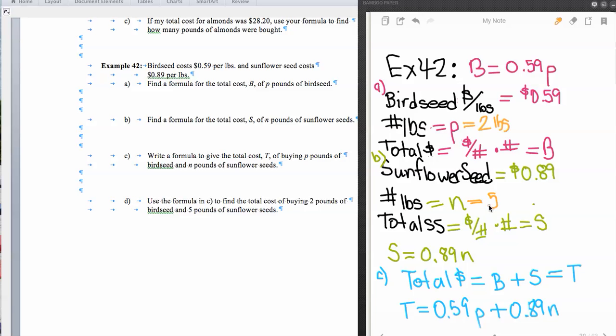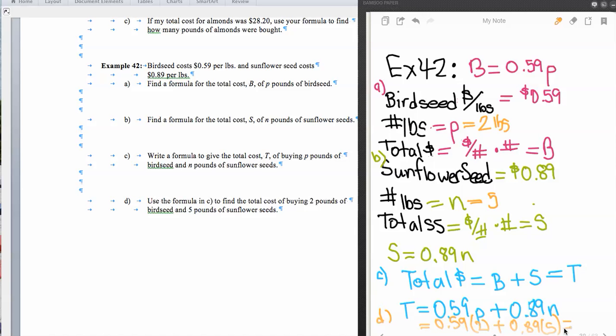I'm just substituting into this formula for the total cost to find part D. So this says 0.59 times P, and P was 2 pounds, so we put in 2 there, plus 0.89 times 5 for the N. That's what it's going to look like.